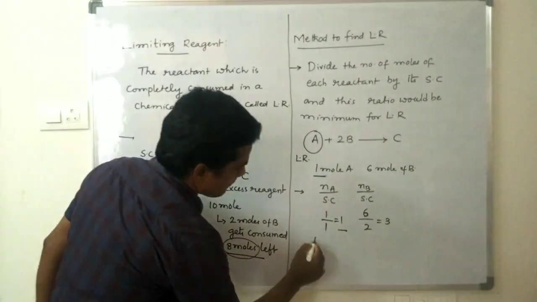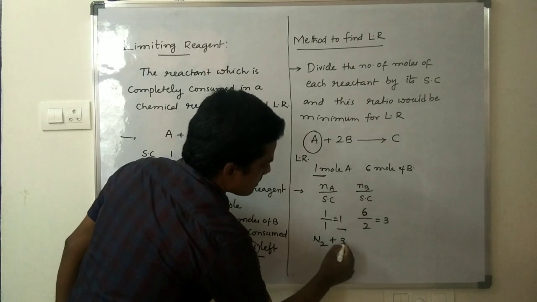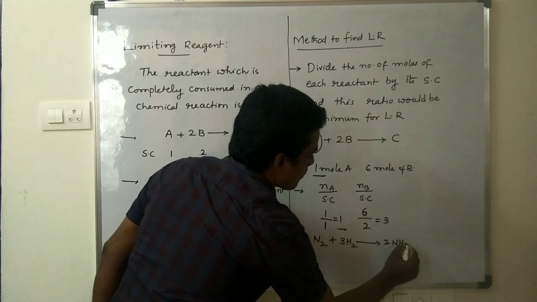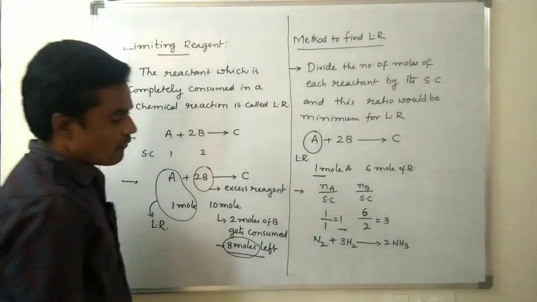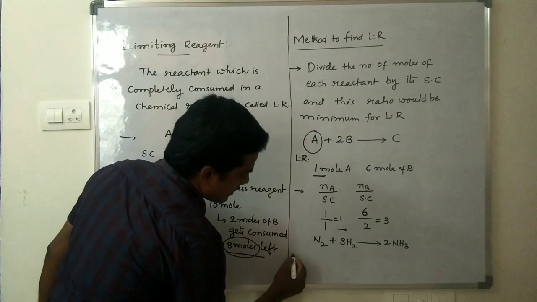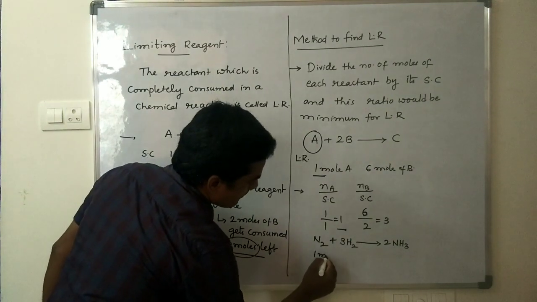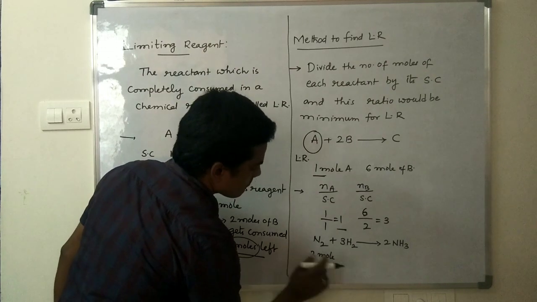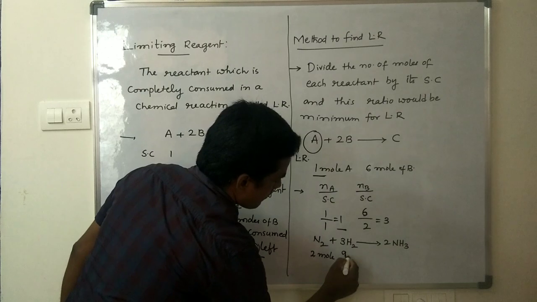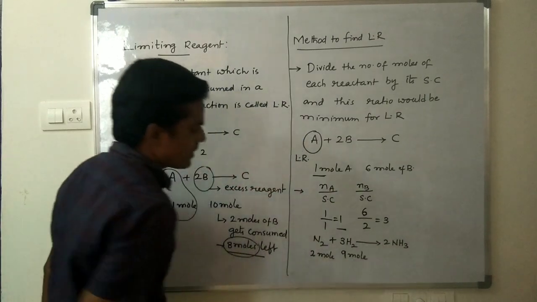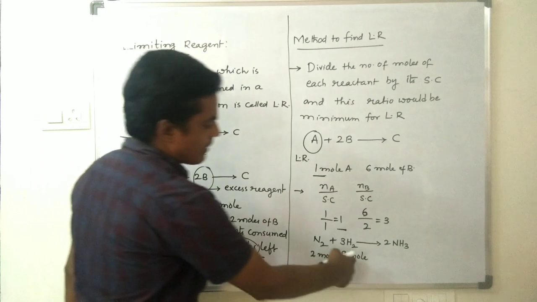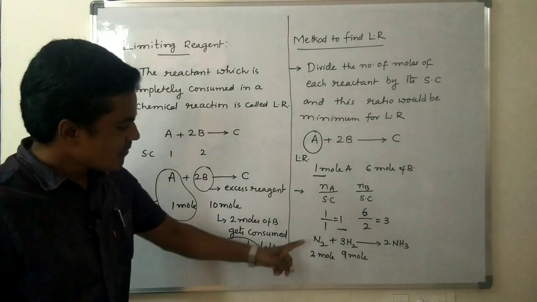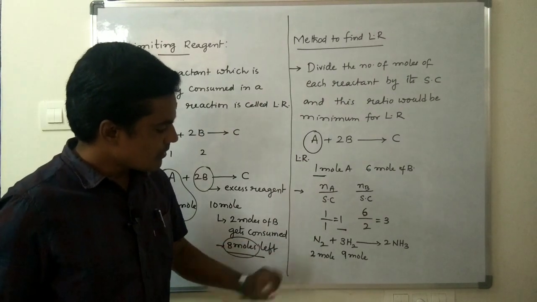For example, 1 mole of nitrogen reacts with 3 moles of hydrogen to form 2 moles of ammonia. Now which is the limiting reagent? Initially, if you take 2 moles of nitrogen and 9 moles of hydrogen, how to find the limiting reagent? Number of moles of nitrogen upon its stoichiometric coefficient: 2 moles upon 1 is equal to 2.